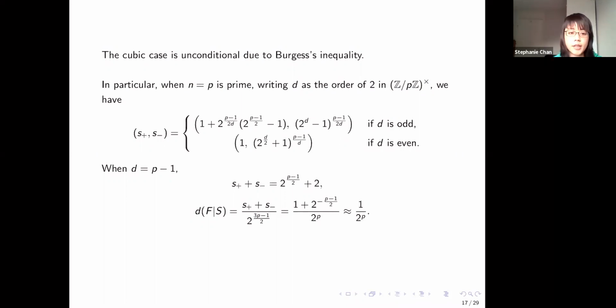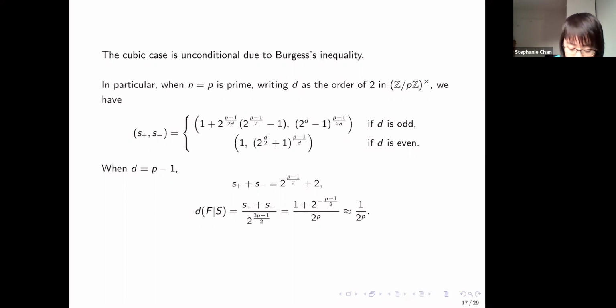And in particular, when the order of 2 in the multiplicative group mod p is p minus 1, then we can get the following formula for the density of f in S.